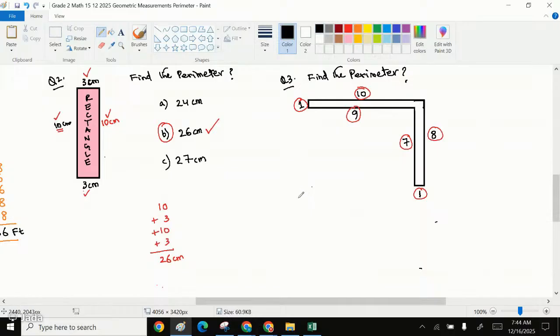Okay. If the first option is 39 units, when a unit is not given, we write units, right? Option B, 36 units. And option C is 29 units. Let's see who has the answer. 10, 1, 9, 7, 8, 1, and 8.